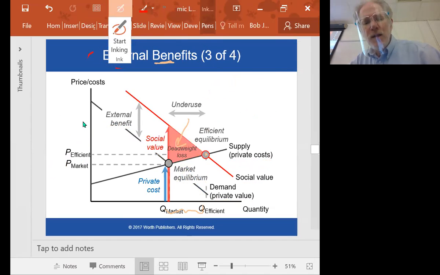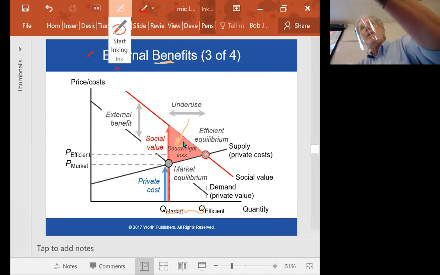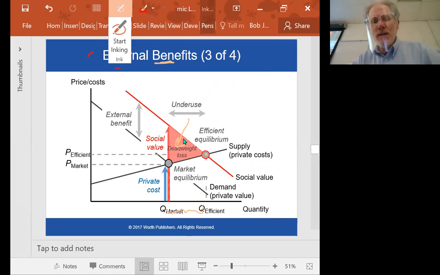Let's say it's 15. So the vertical distance between the social value curve and the demand curve was 15. How do we get consumers to take it into account? We say, we'll pay you. We'll give you a subsidy. Get the vaccine, we'll give you $15. And so that subsidy shifts the demand curve up.